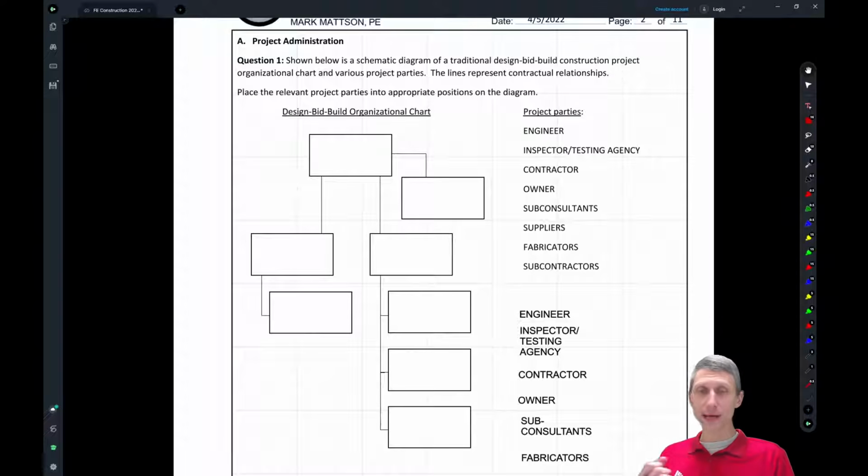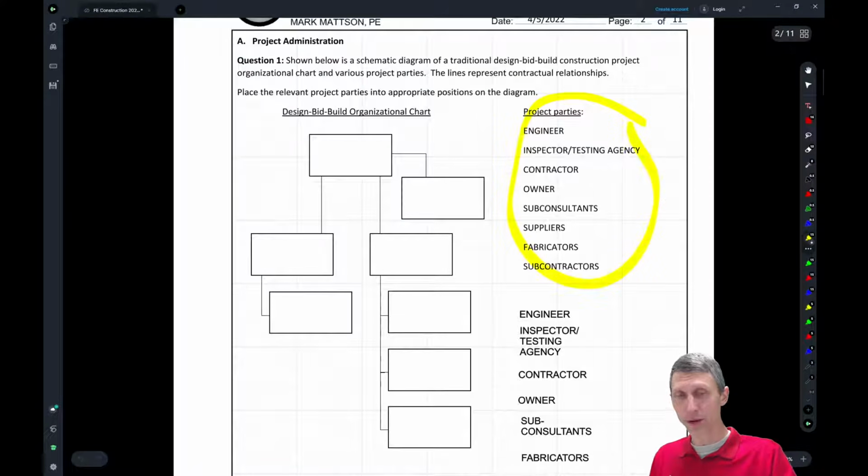Shown below is a schematic diagram of a traditional design, bid, build, construction project organizational chart, right? So this says who's on top, who's on the bottom, who's calling the shots, and that sort of thing. The lines represent contractual relationships and place the relevant project parties into appropriate positions. So what we have here are a whole bunch of project parties.